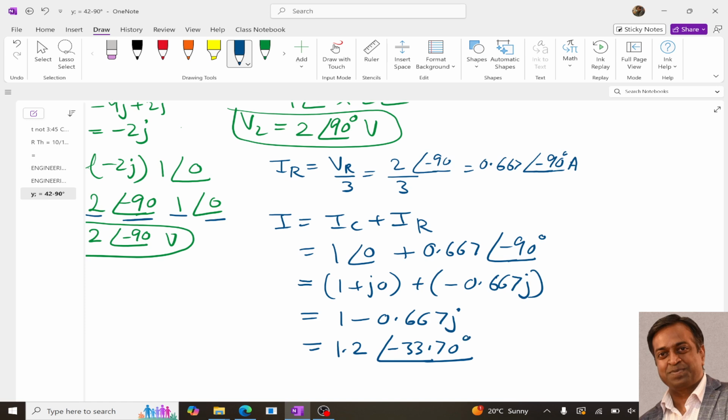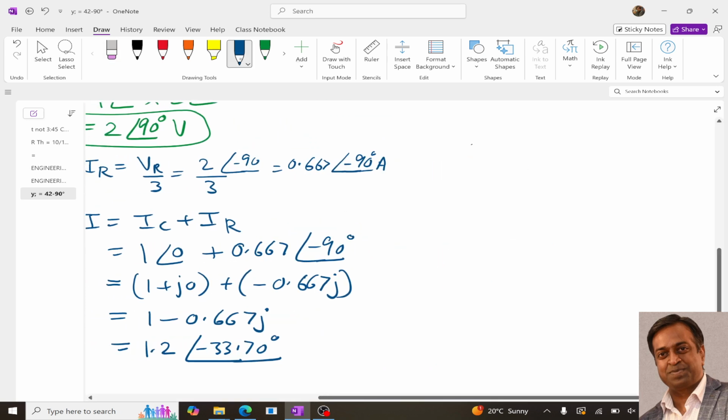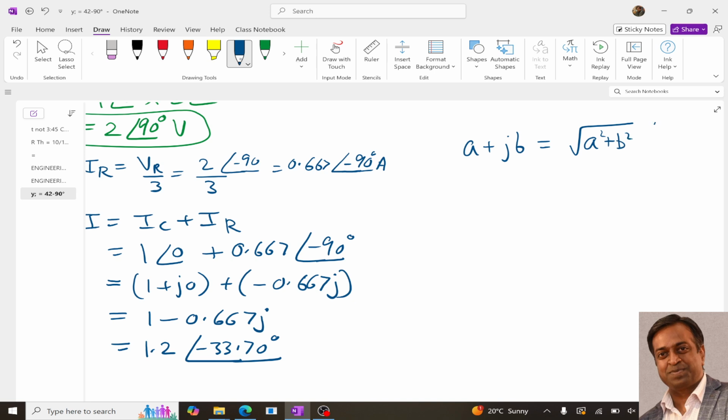This conversion, like conversion from polar to complex number form and from complex to polar form, you can do using the calculator, and you can also use the mathematical formula. Just for a quick reference, if we have the complex number a plus jb, then in polar form it can be represented as square root of a square plus b square, angle theta, where theta equals tan inverse b upon a.